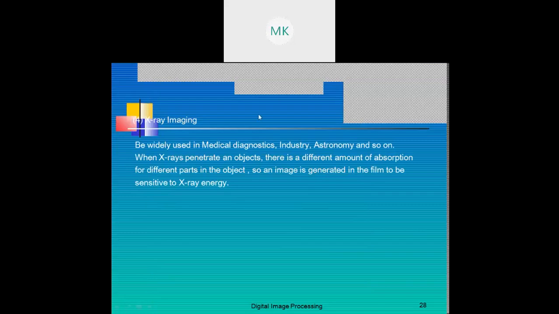Next is X-ray imaging, which is widely used in medical diagnostics, industries, astronomy, and so on. When X-rays penetrate an object, there is a different amount of absorption for different parts of the object. The image is generated on a film that is sensitive to X-ray energy.